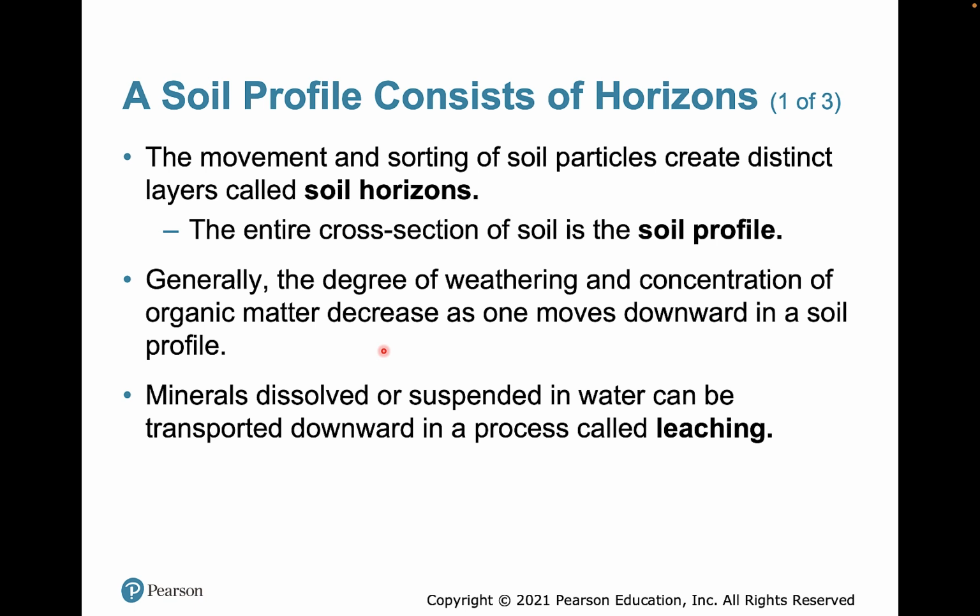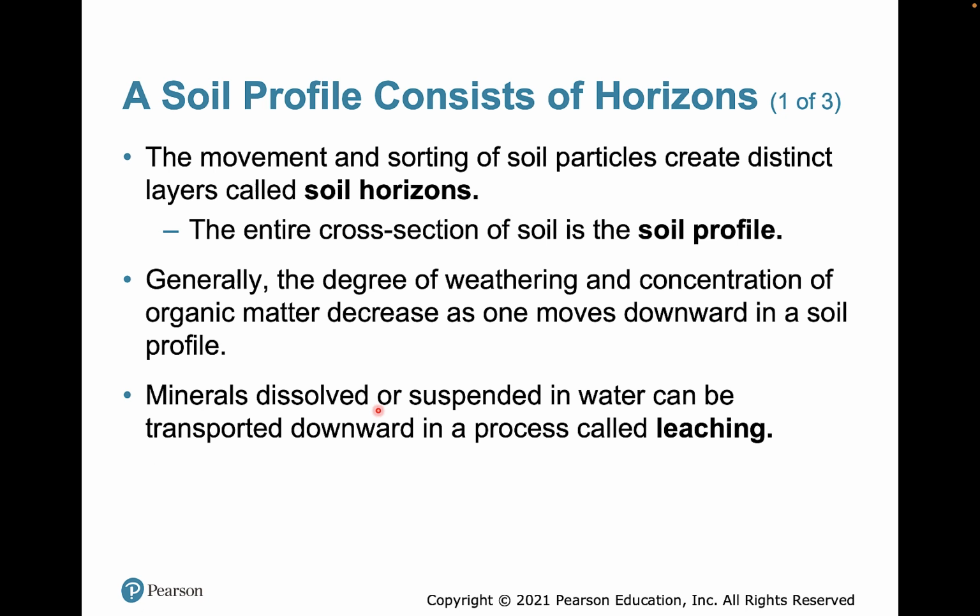This should make a lot of sense because the surface is where you get your weathering and your organic materials. As you get further down into the soil, there are really fewer living things down at the bottom, so you're going to have less organic matter and less exposure to the weathering elements.